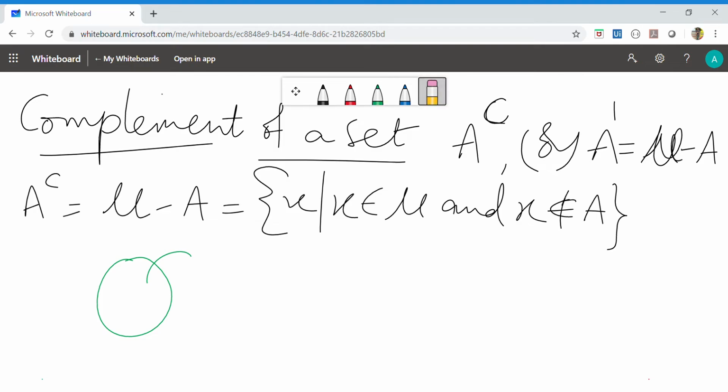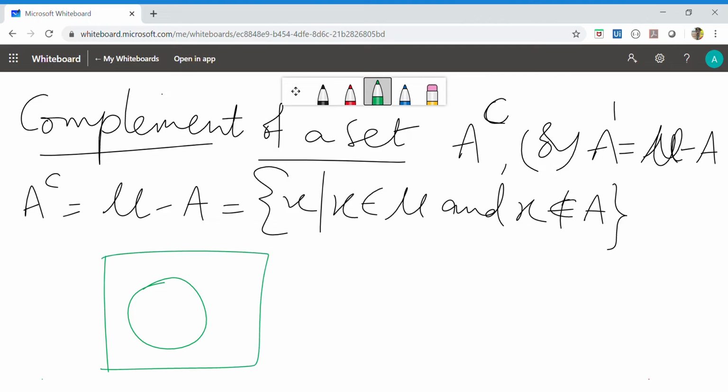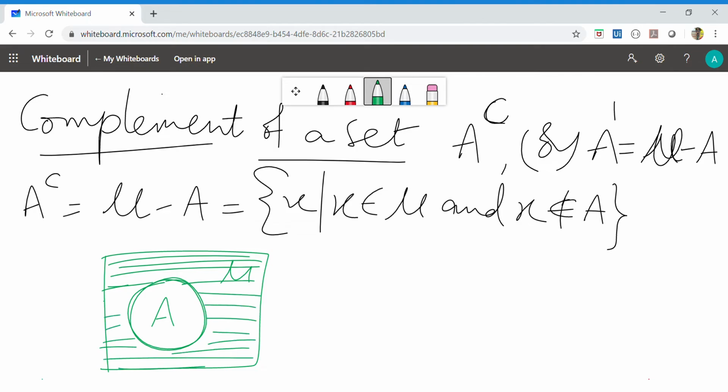One circle, because only one set in the universal set mu, the circle is A, and A complement is everything except A. That means other than A you have to shade. A complement is nothing but mu minus A, and that can be represented with horizontal lines. The representative region of A complement is horizontal lines.